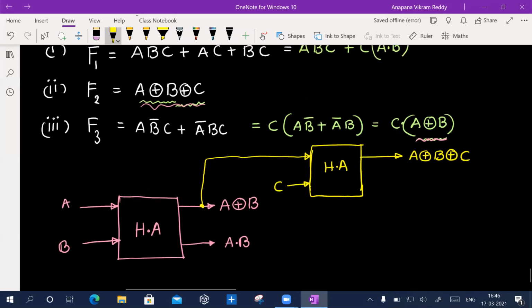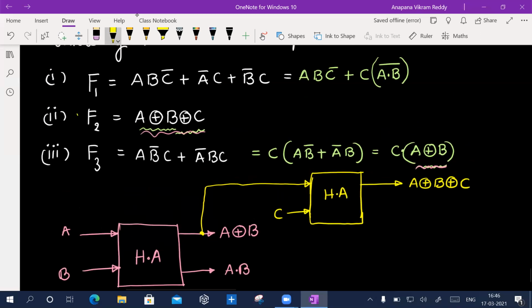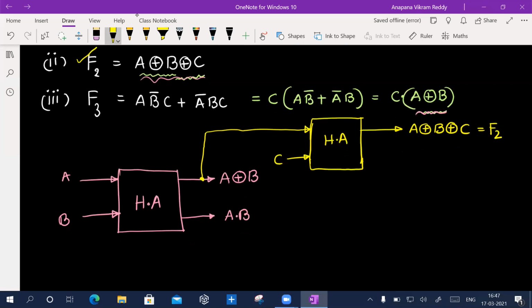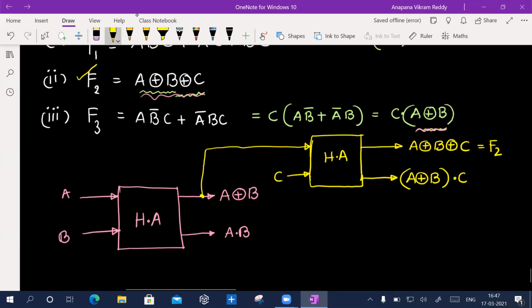So what did I cover out of F1, F2, F3? F2 is covered. Yes or not? Yes, sir. So F2 is covered. Now I need F3. So now you tell me, if I take this output carry, what do I get now? C into A XOR B. A exclusive or B and C. Do I have it anywhere? Yes. F3 is covered.